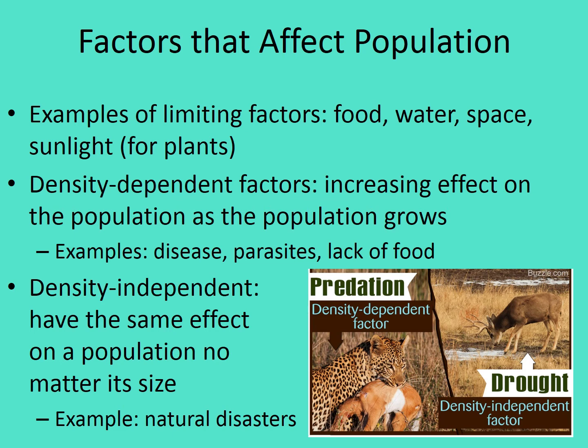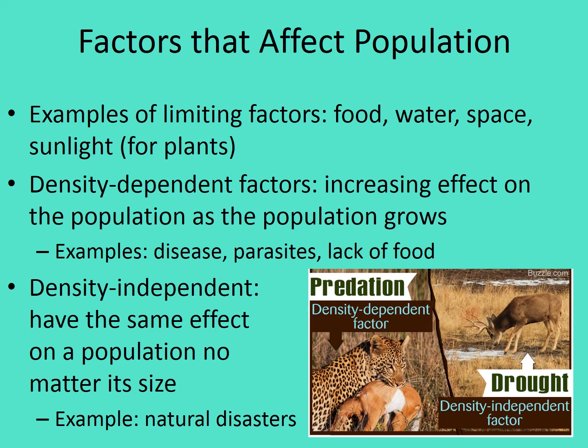Disease, for example. We've seen that with the coronavirus, that more heavily populated places are getting hit the hardest. Things like parasites, where it can spread from organism to organism, and then lack of food, because if you've got a really big population, your food supply is going to be in danger.